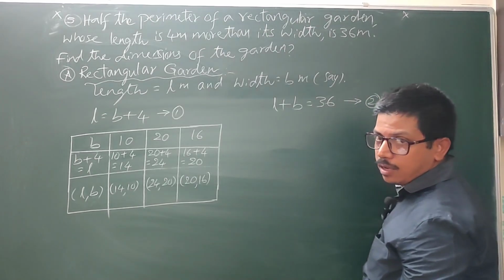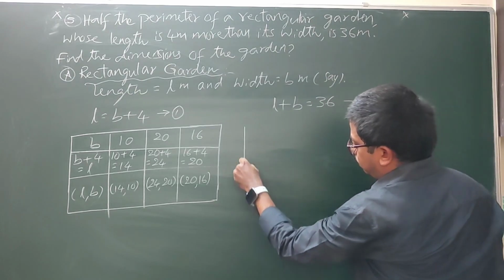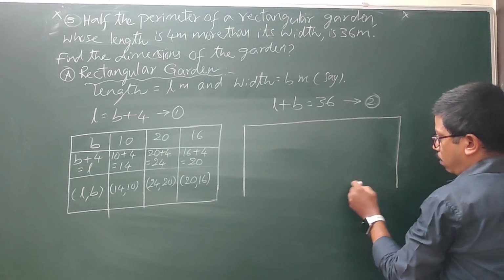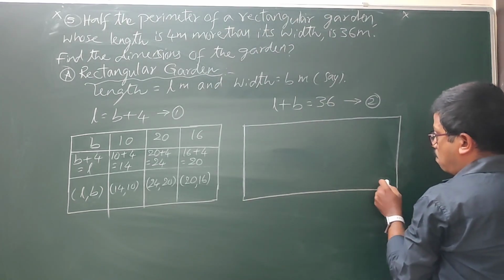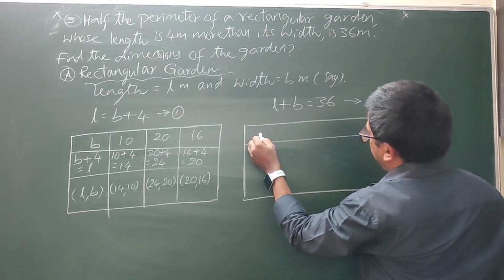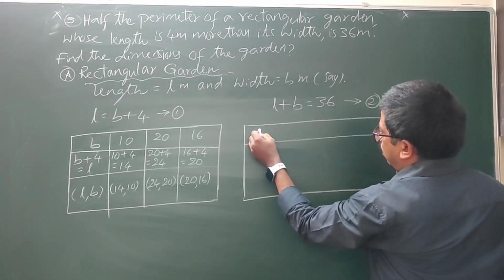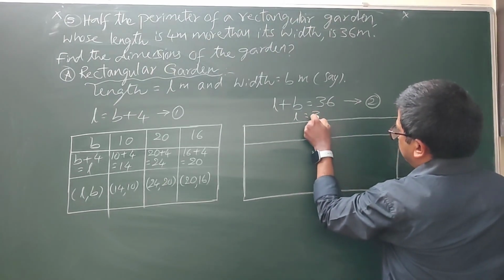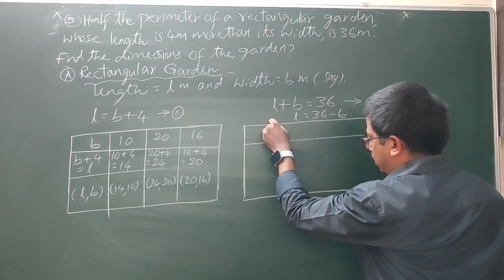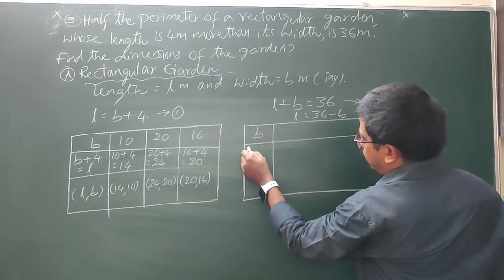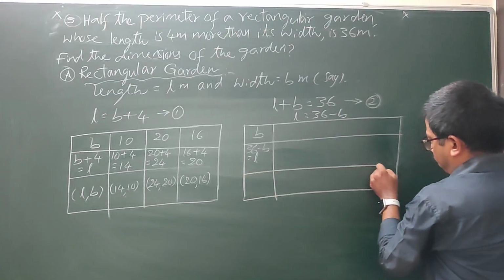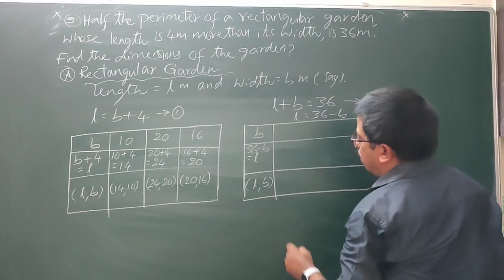This is equation 2. From this, L equal to 36 minus B. So let me take this as B, and this is 36 minus B which is equal to L, and this is L comma B.